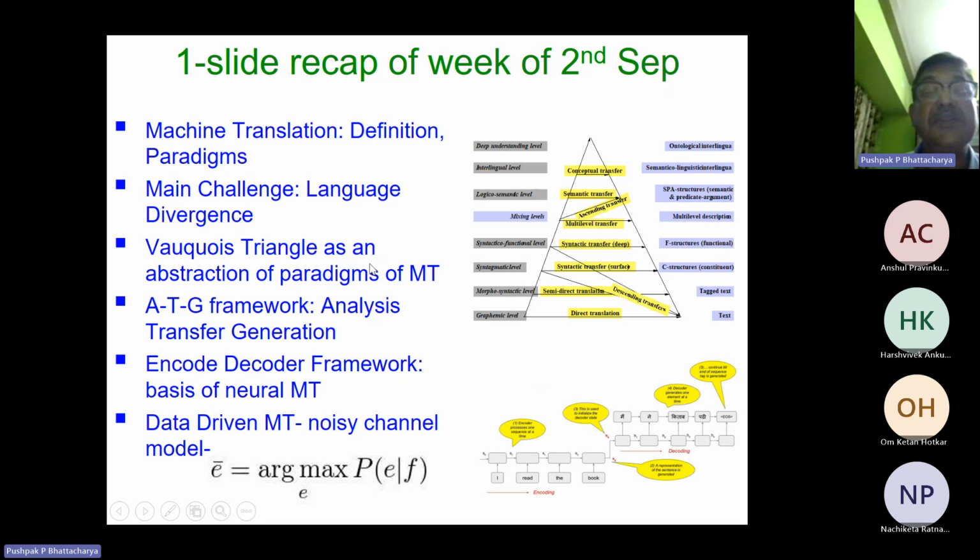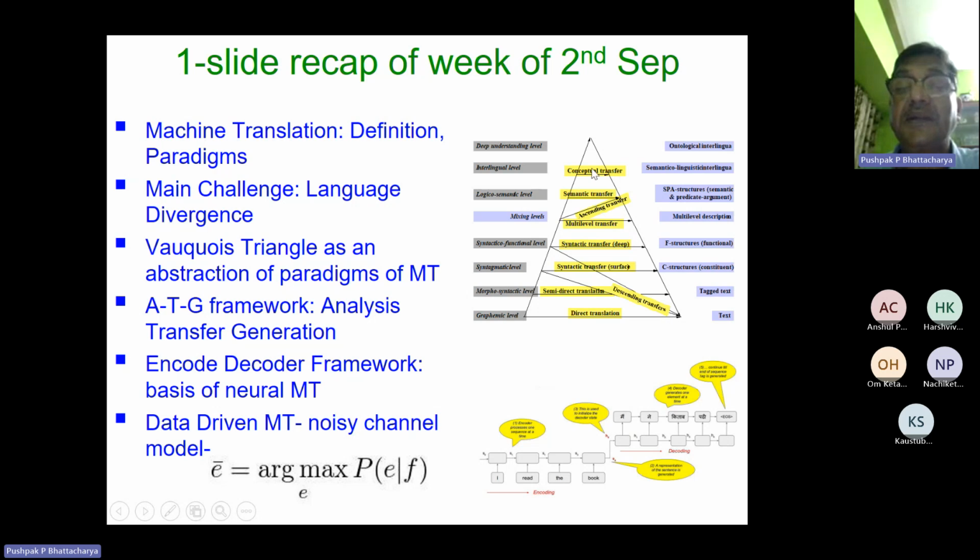Vauquois triangle, any student of machine translation has to remember this as a foundational concept. In the Vauquois triangle, we have the left-hand side, which corresponds to analysis of the input text, and the right-hand side, which corresponds to generation of the target text.